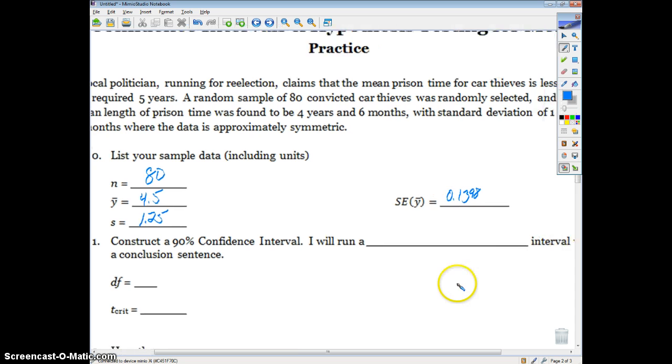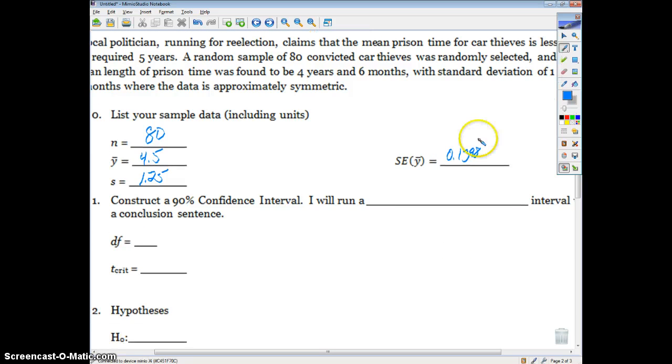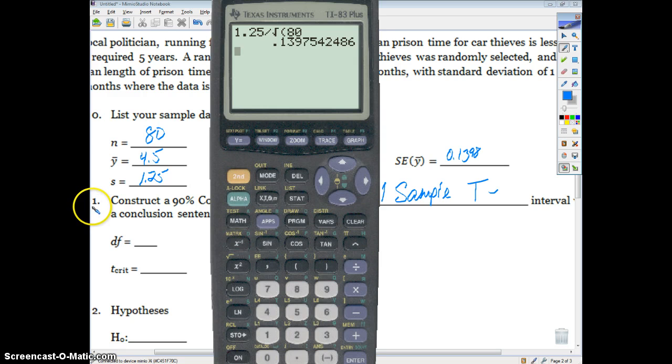Now, when I go to construct my 90% confidence interval, I will run a one sample t interval. Your calculator calls it just a t interval, but I'd like to differentiate between the 1 and 2 sample intervals.